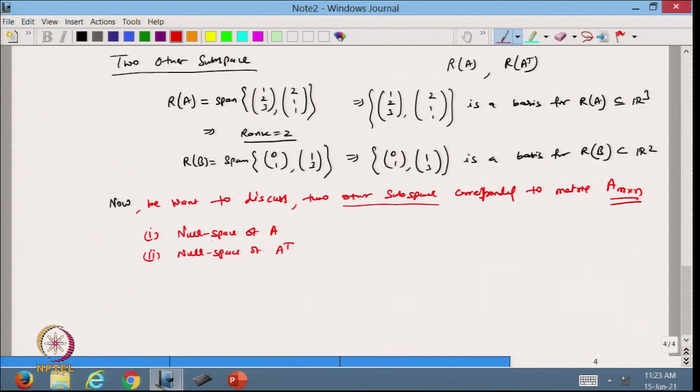So, one is the null space of A and another is the null space of A transpose. That we are going to discuss in the next lecture.